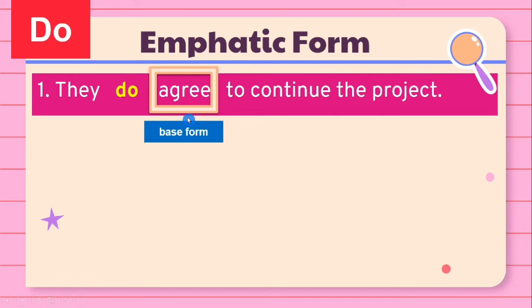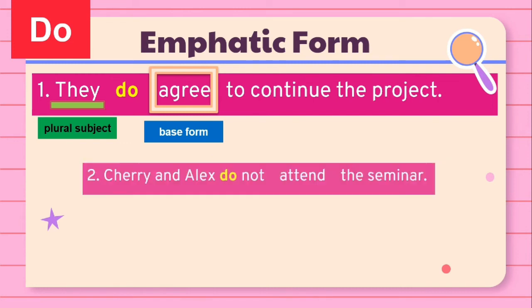It's because we have here a plural subject. We are talking about they in the sentence. So for your sentence pattern here, we have your plural subject followed by do and then the base form of the verb.